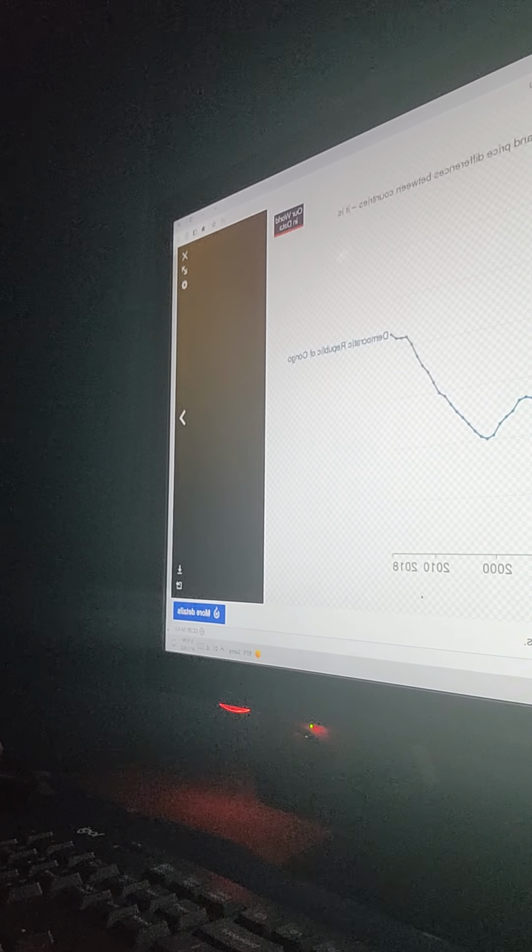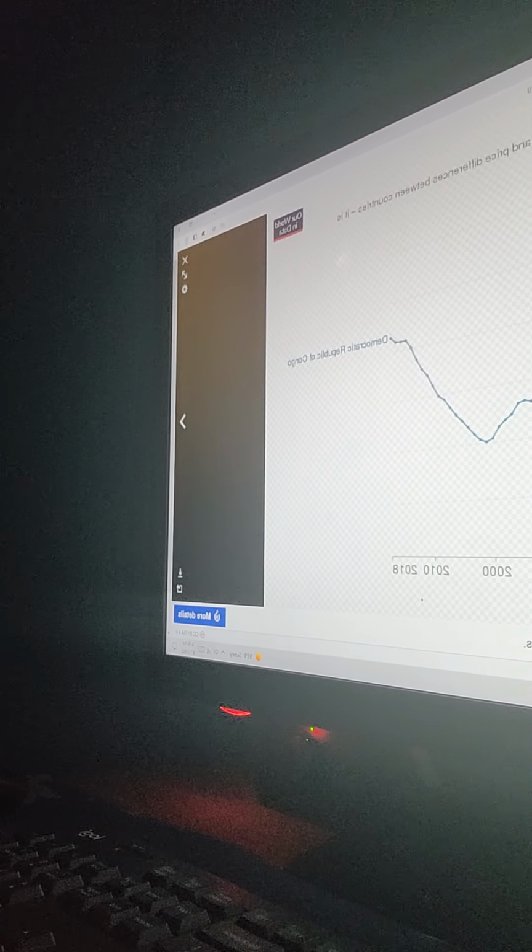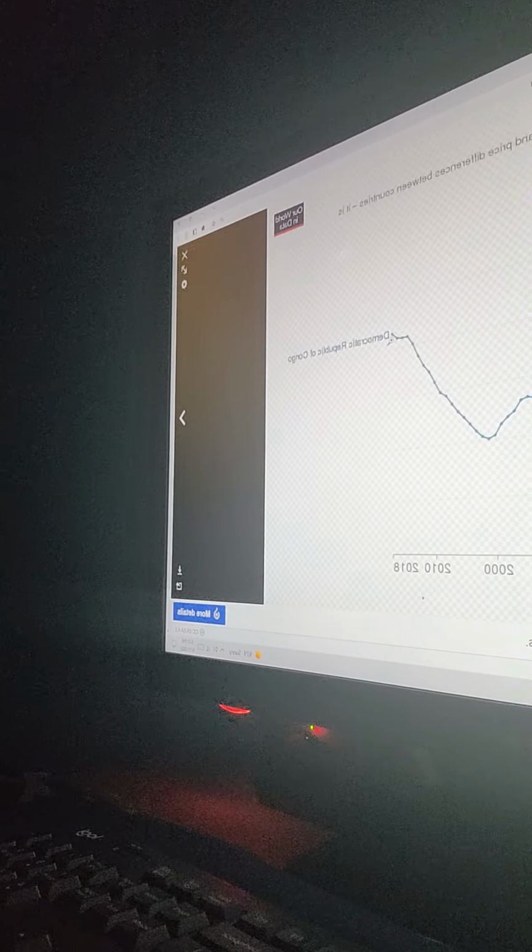And GDP per capita had risen in 1950, but has recently gone down, especially in 2000. And in 2018, this is where we are right now, but it might be going down or not. I don't know what the economy is.